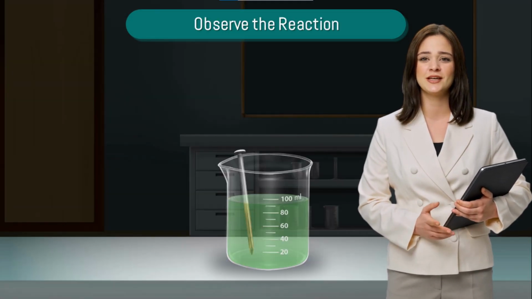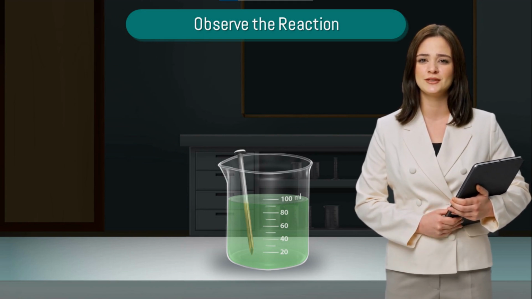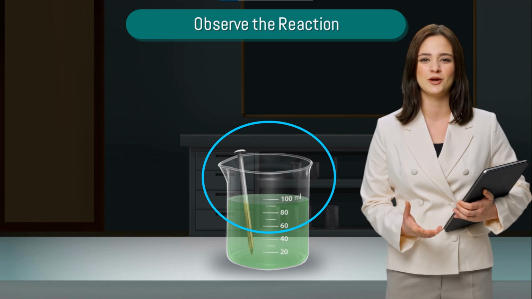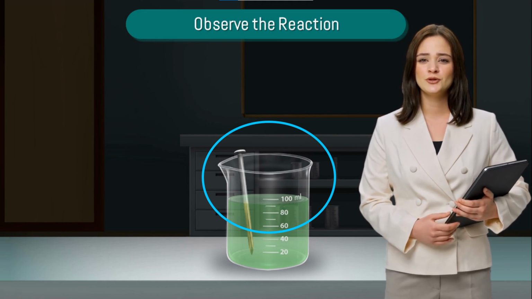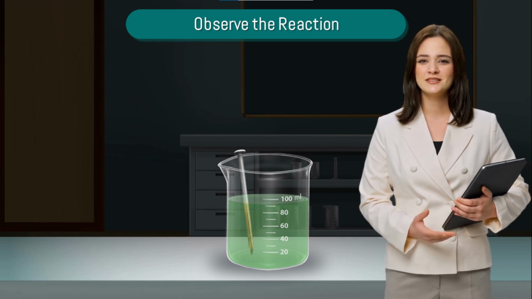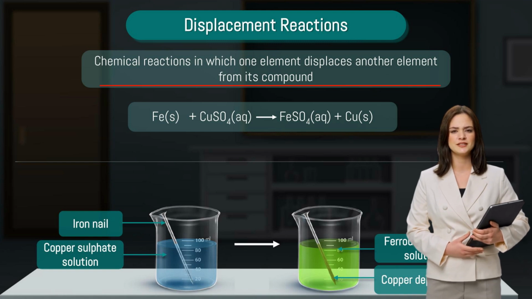Observe the reaction as the iron nail is immersed in copper sulfate solution. After some time, color of the solution turns to green color, and iron nail color also changed. Let us see the reason behind this phenomenon. What you are observing here is a displacement reaction. These are chemical reactions where one element displaces another element from its compound.